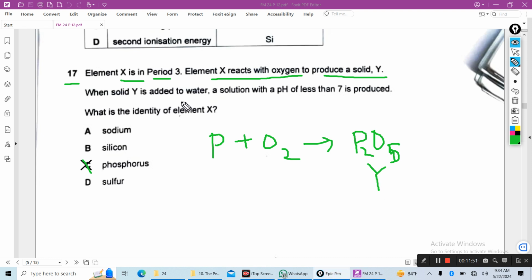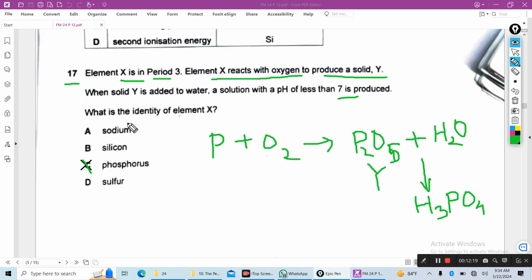When solid Y is added to water, a solution with pH less than 7 is produced. So phosphorus pentoxide dissolves in water to produce phosphoric acid. Phosphoric acid has pH less than 7. So this is acid.